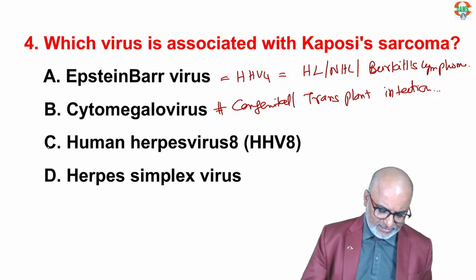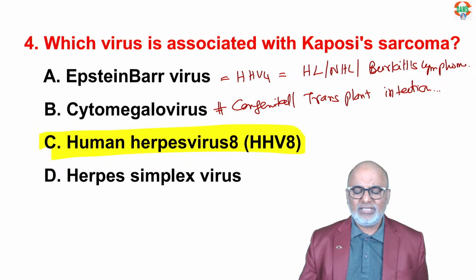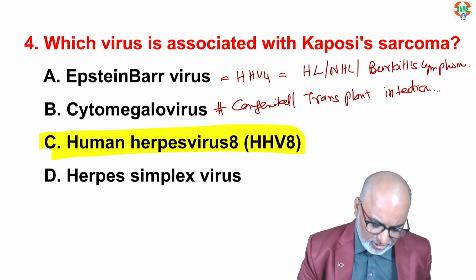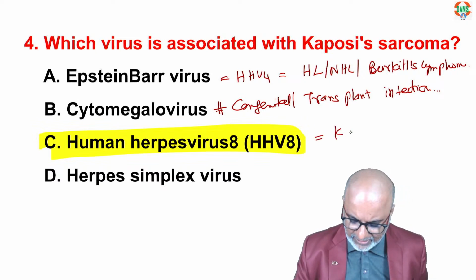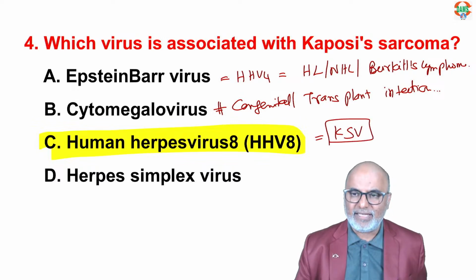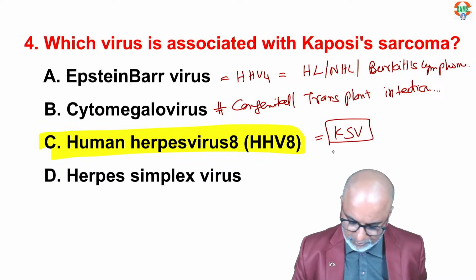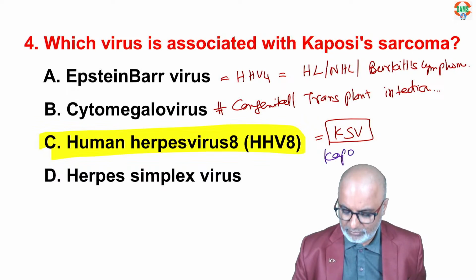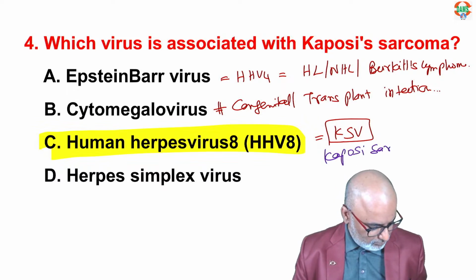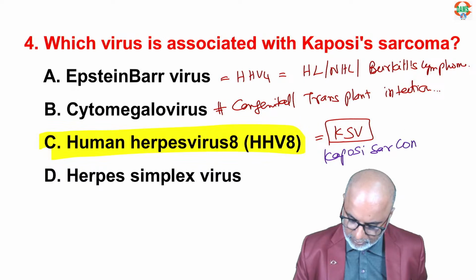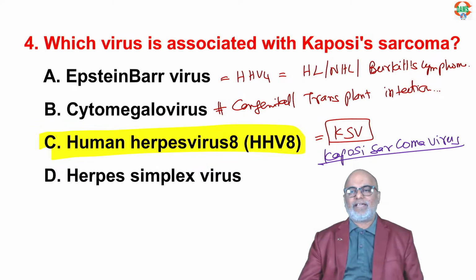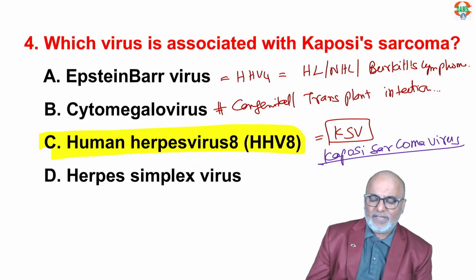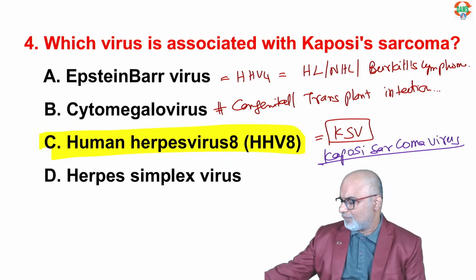Human herpes virus 8 is the one we call Kaposi sarcoma virus, KSV. If anybody has Kaposi sarcoma and we do the HIV test, it is found to be positive.